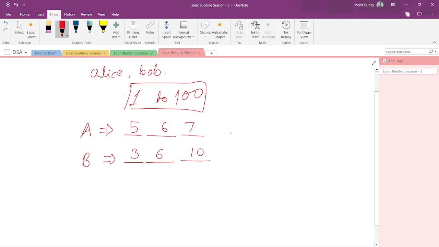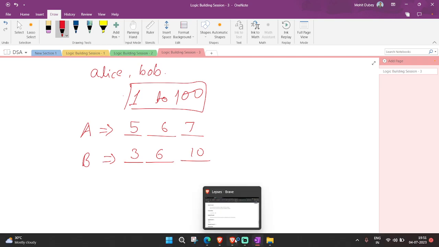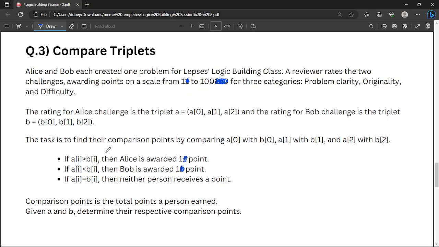What we have to do is check if a of i, the value of a at the ith position, is greater than the value of b at the same ith position, then Alice is awarded 1 point. If a of i is smaller than b of i, then Bob is awarded 1 point, right?